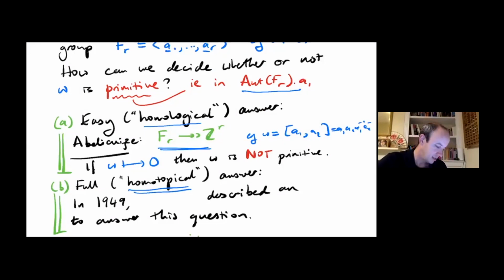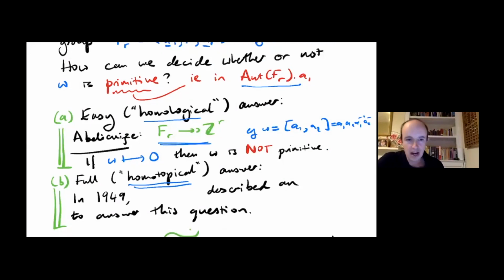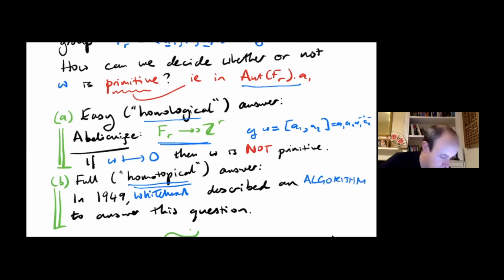Okay, so I'm just going to describe this answer very briefly. In 1949, Whitehead actually described an algorithm that will answer this question. And that's quite impressive, actually, because in 1949, algorithms were a pretty new idea.